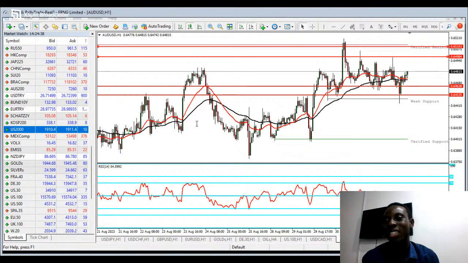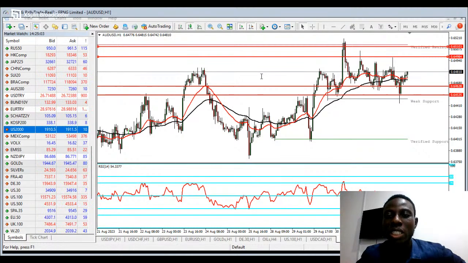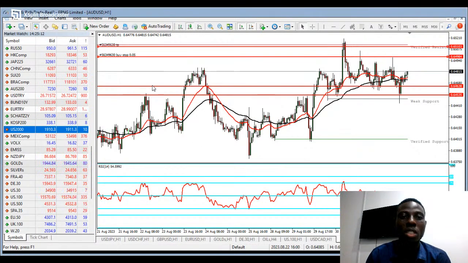That's the last instrument. My entry price for AUD USD buy stop is 0.64984. My take profit at 0.65103.